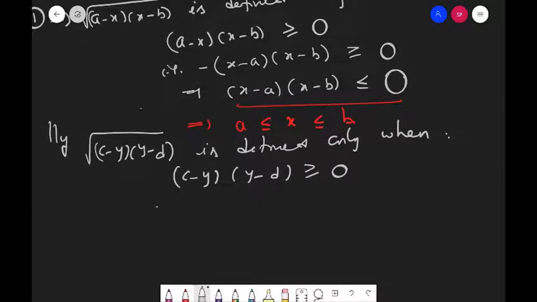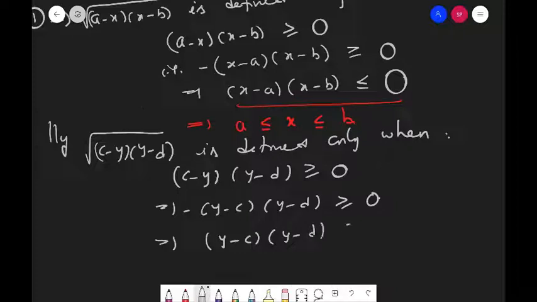That implies minus of y minus c into y minus d is greater than or equal to 0, which implies y minus c into y minus d is less than or equal to 0. As in the above case, this is also satisfied when y lies between c and d. Now let me take this as 2 and this as 3.